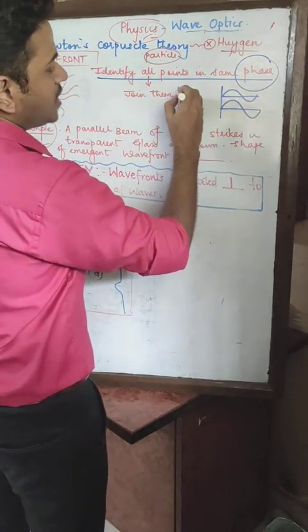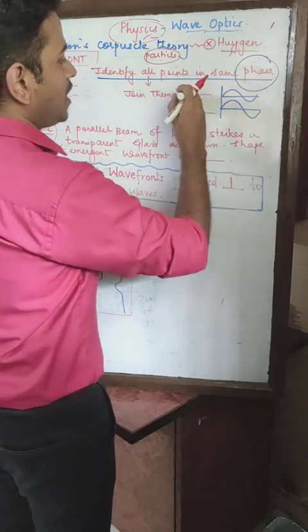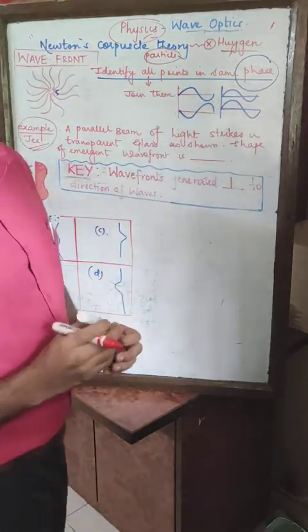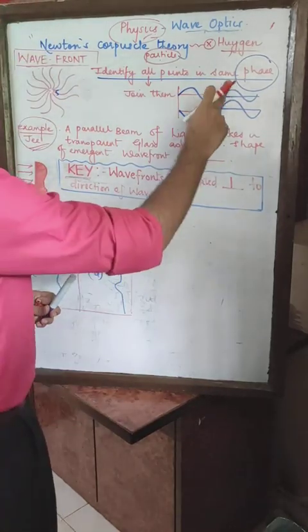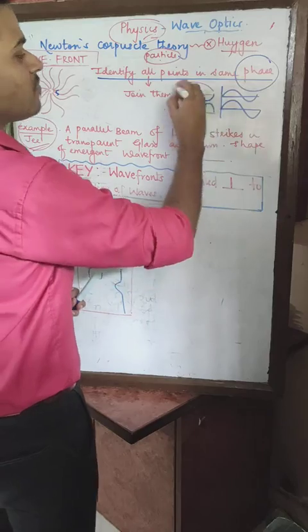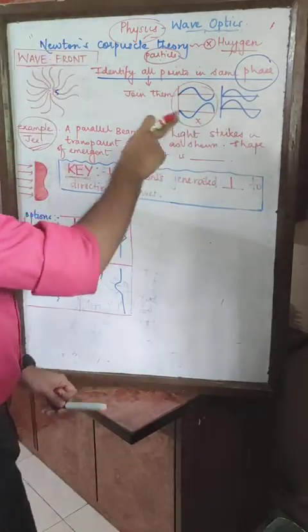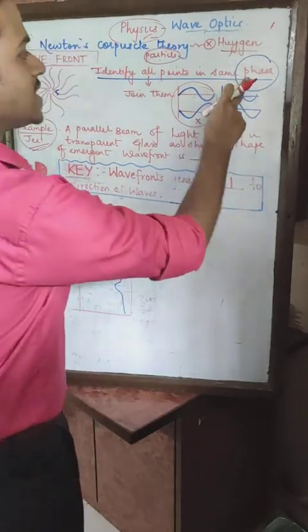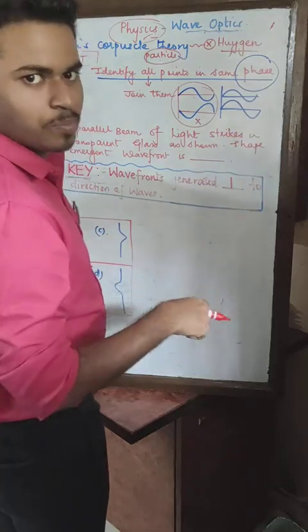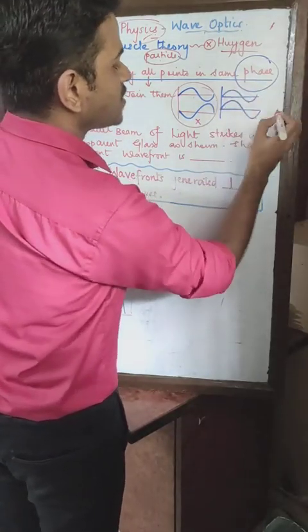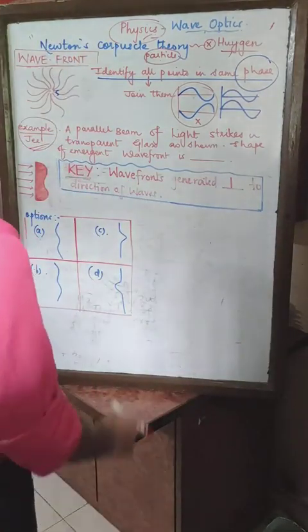On the contrary, if crest is not meeting crest, we say that the waves are not in the same phase. The ones which are encircled are not in the same phase. So the necessary condition for the waves to be in phase is that crest meets crest and trough meets trough.